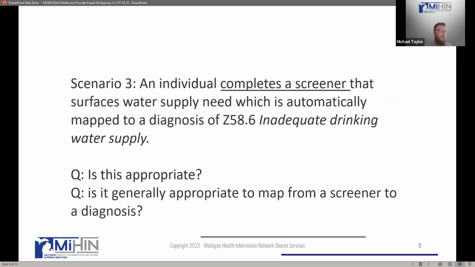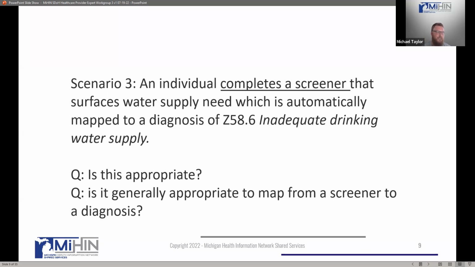So scenario 3 is an individual has completed a screening tool of some sort, and through that screening tool, it surfaces that they have this water supply need, and a diagnosis is automatically mapped from their answer to Z58.6.